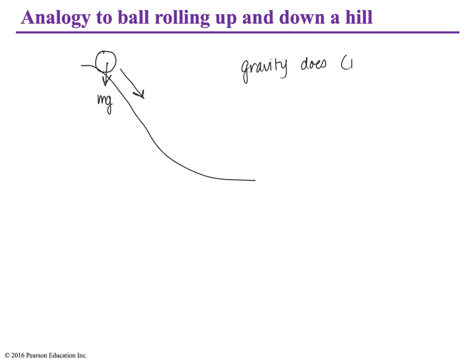I like to use the analogy of a ball rolling down a hill. So if I had a hill, and here's a ball right at the edge, we know that the ball will tend to roll down the hill because of the fact that gravity will act on it. So gravity will do work. Actually, it does positive work as the ball goes downhill.